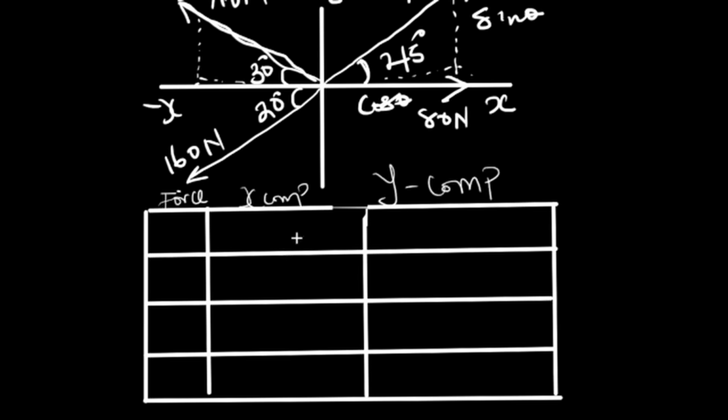So this simply means that when we break them down, whatever we get for the x component, we write in the second box, and for the y component, whatever we get, we write down here. So this is the first force. The first one is 80 newtons.